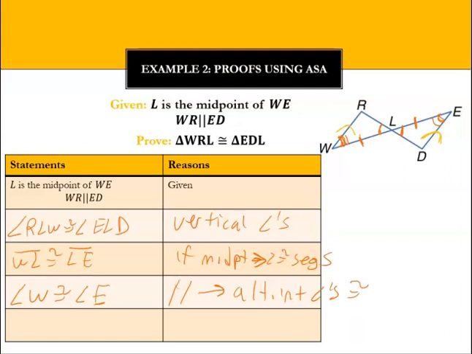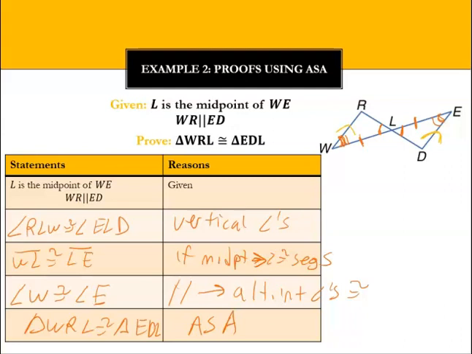And then you see angle, side, angle. So I can say the triangle WRL congruent to triangle EDL by angle, side, angle. All right. So that's how you would use angle, side, angle in a proof.